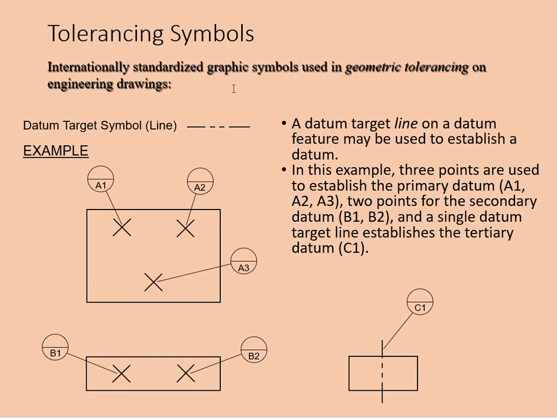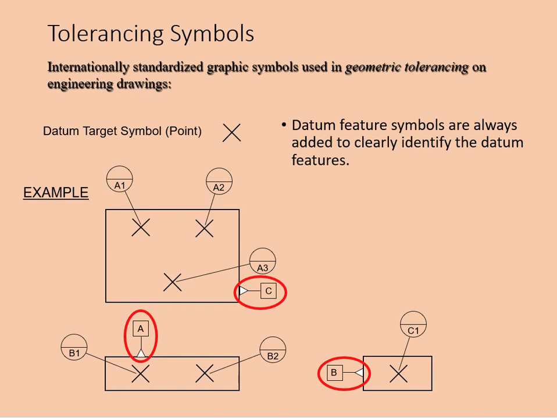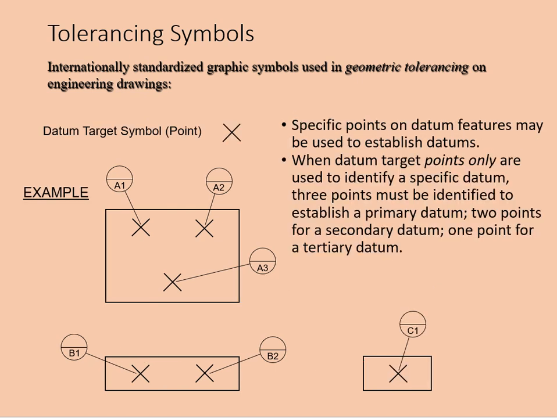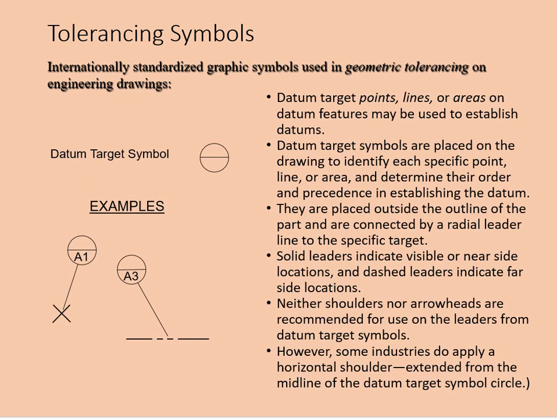Don't get confused. It's just establishing a datum on a drawing, and we can write it like that. We can also write it like this, that's a point, and this is a line. However we write it, it's okay. It's just showing you that it is the datum target symbol. This one is a point, the same datum target symbol.